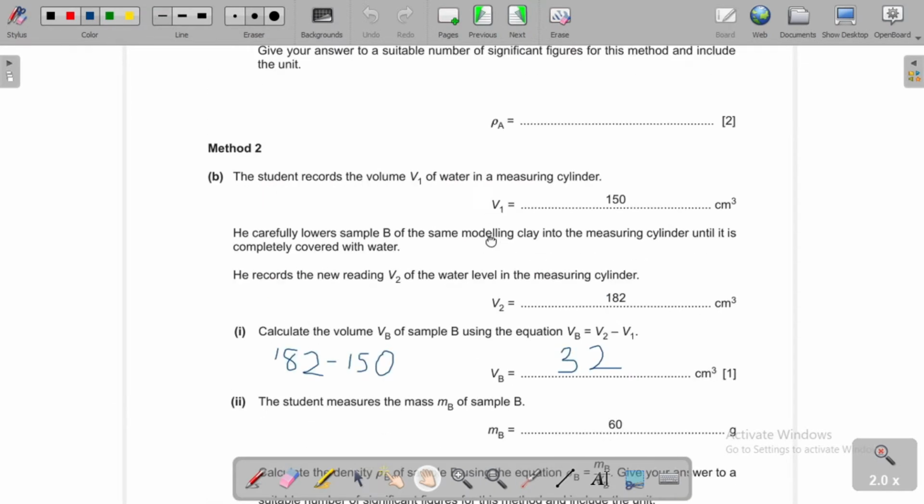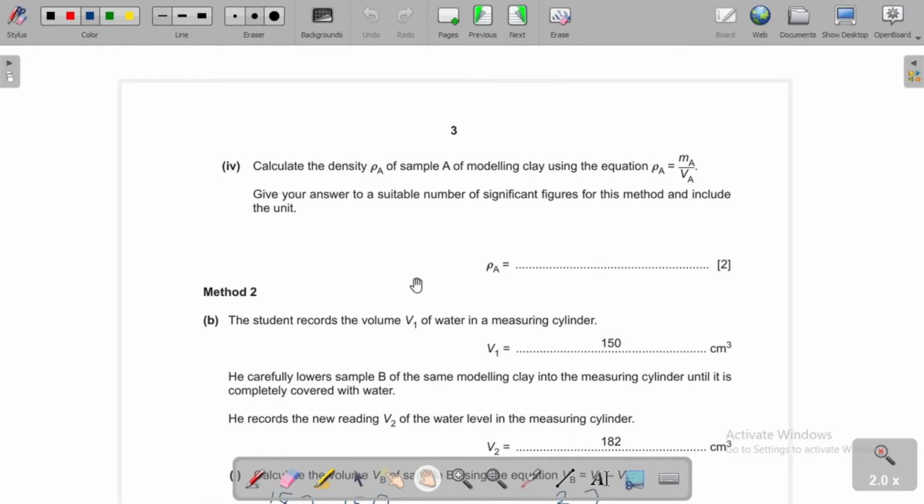Okay, let's look at this. Calculate the density rho A of sample A of modeling clay using the equation rho A equals MA divided by VA. Give your answer to a suitable number of significant figures for this method and include the unit.